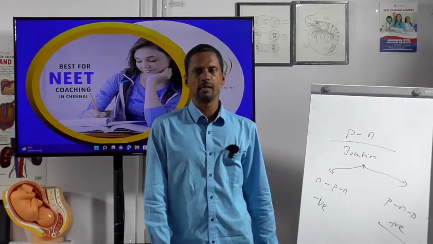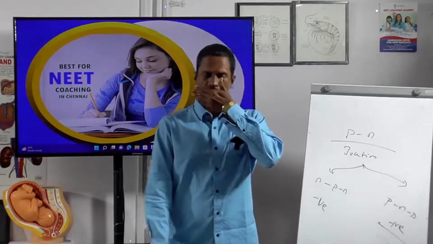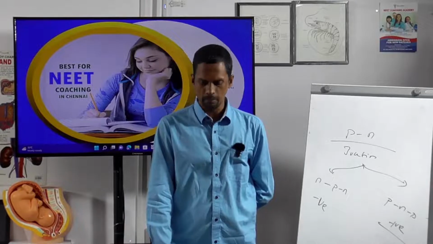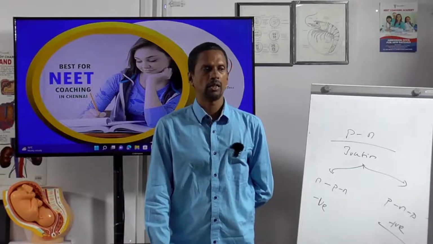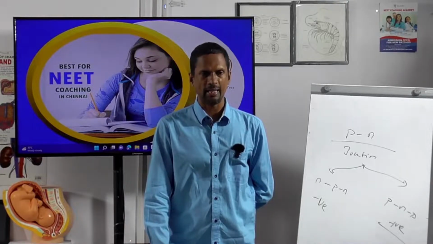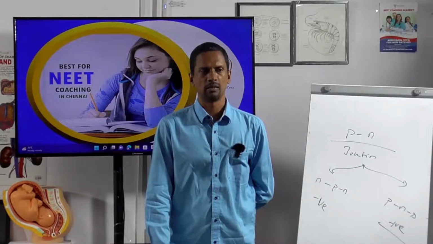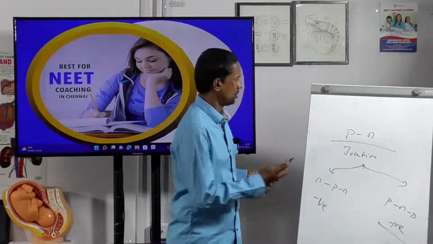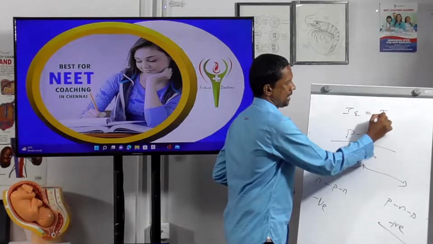Then IE is equal to IC plus IB, that is, emitter current is equal to collector current plus base current.